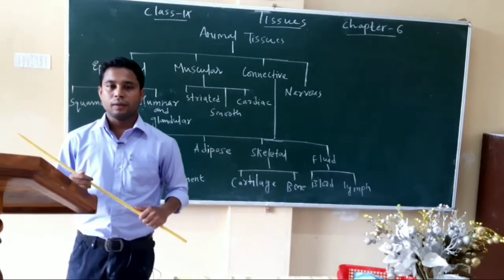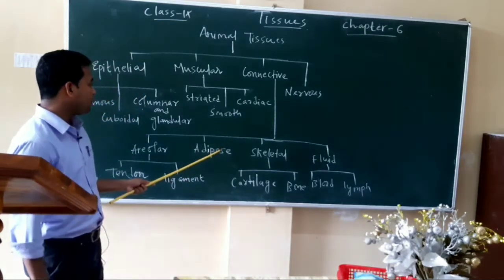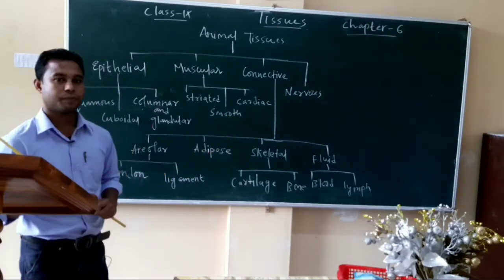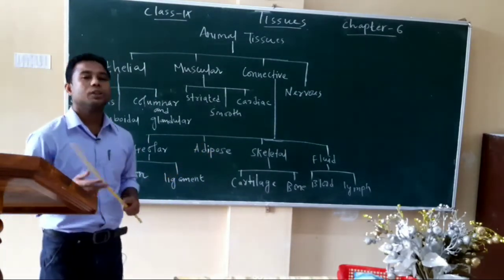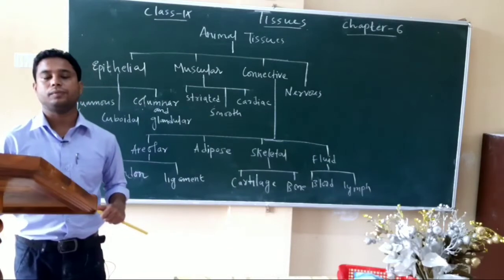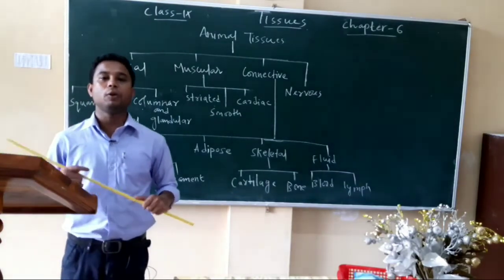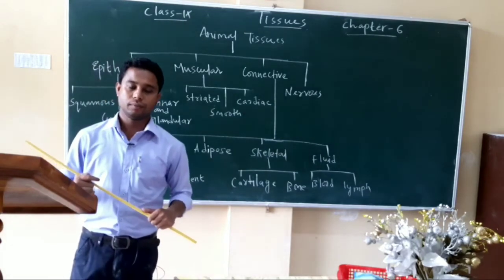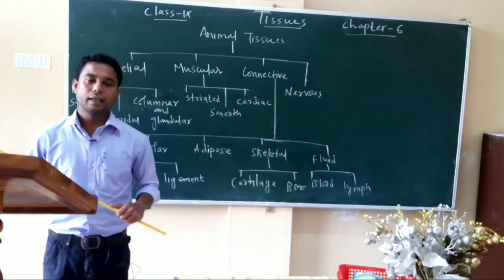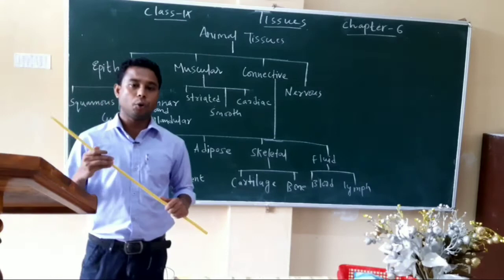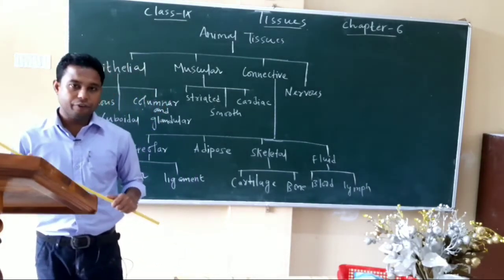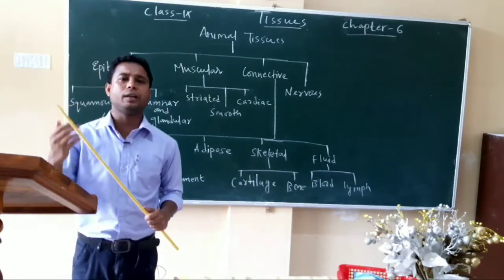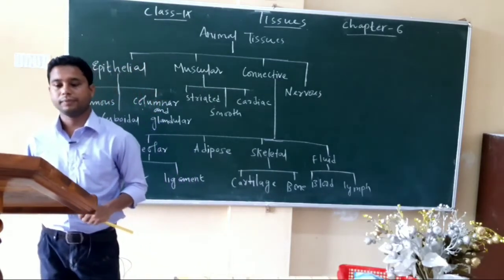Then we move on to the next type of connective tissue, that is adipose tissue. Adipose tissue stores food. They are found below the skin and between the internal organs.